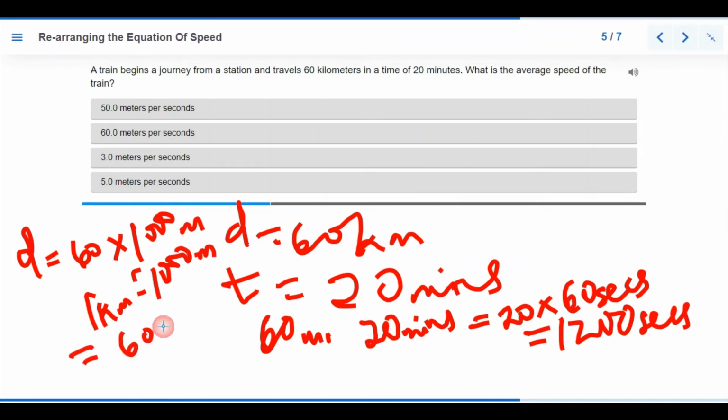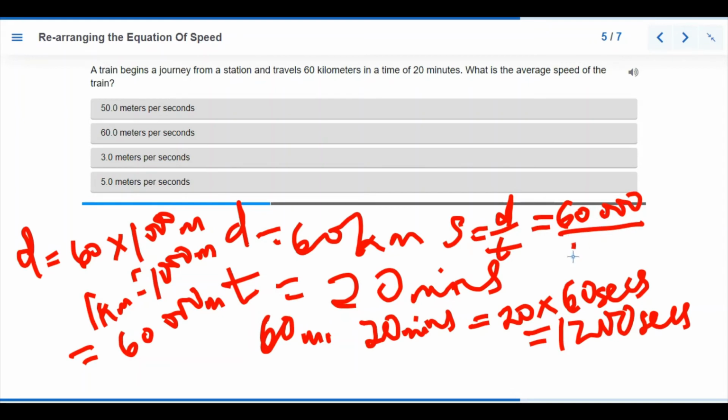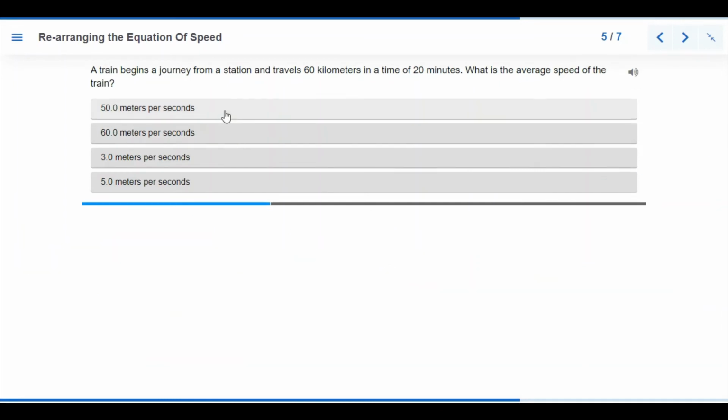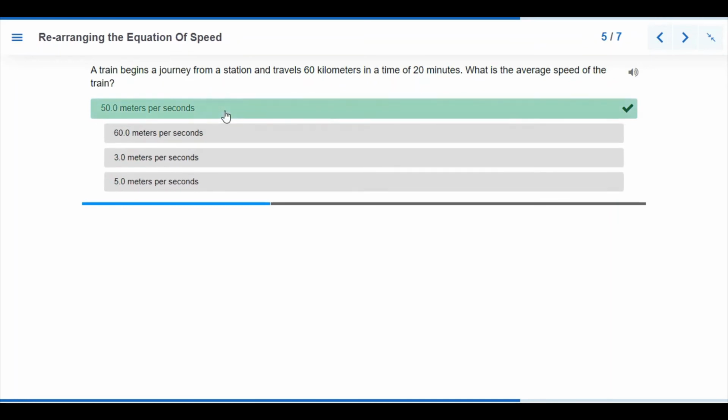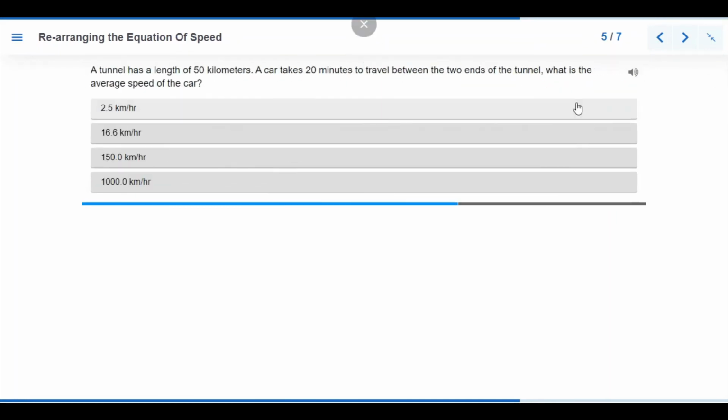That gives 60,000 meters. So distance over time will now be 60,000 divided by 1,200. And that gives us 50 meters per second. As you can see, it is correct.